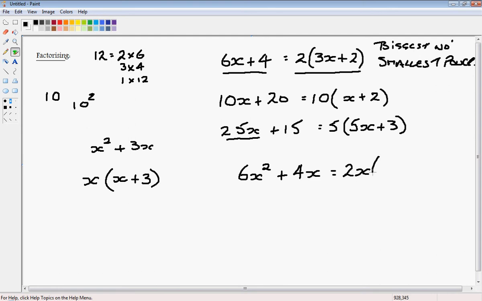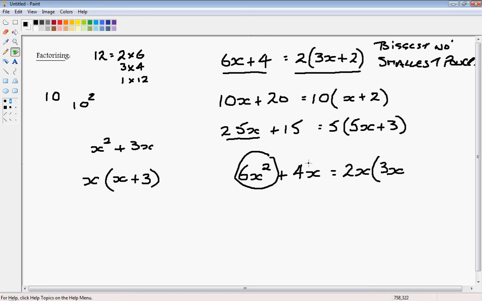So we just write 2x. Then we open our bracket and work at this speed. So first we deal with the numbers. So 2 times what will give me 6? Well, I know that's 3. And then what times x will give me x squared? Well, I know that x times x gives me x squared. So 2x times 3x will give me 6x squared. So this part now is done.